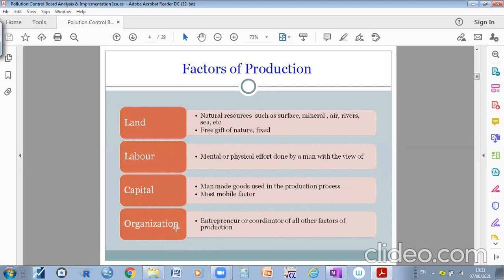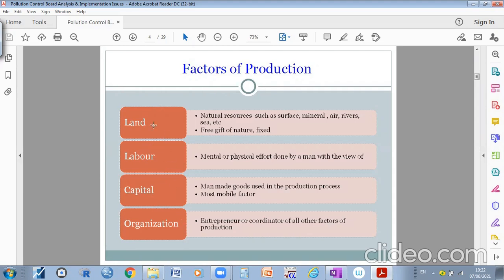And organization: those who are cultivating the crop are called entrepreneurs. We can see the farmer as an entrepreneur, an organizer. Organization is the entrepreneur or coordinator of all the factors of production. For example, those who coordinate land, labor, capital: the farmer. The farmer is an entrepreneur here.